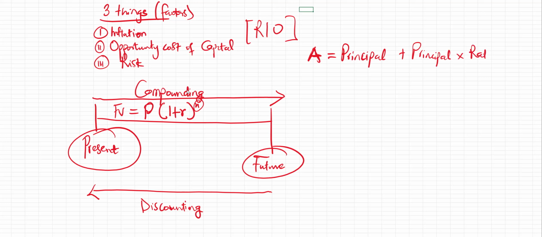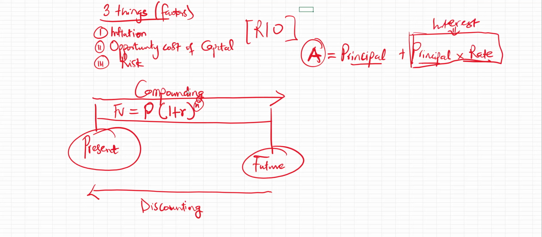So the amount that will be in your bank account will be the principal plus the principal times the rate, which gives us the interest. Is that not how interest is computed?